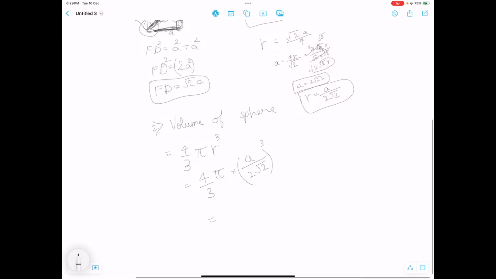Then you can write this as 4 by 3 pi into a cube by 2 cube, 8 into 2 root 2, so this will be pi a cube by 12 root 2.